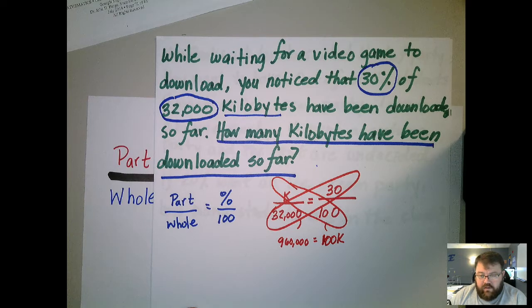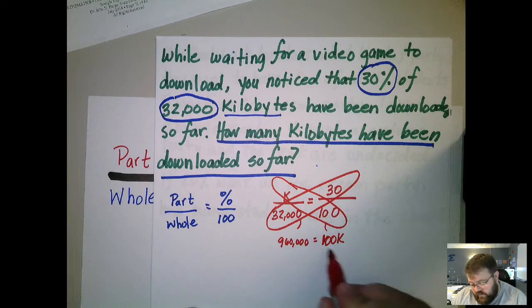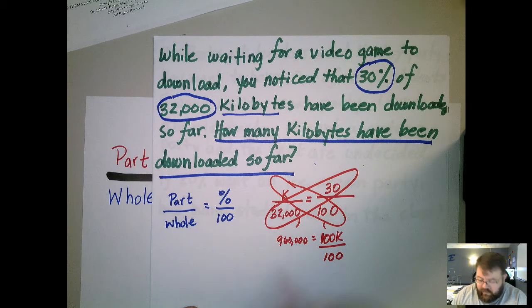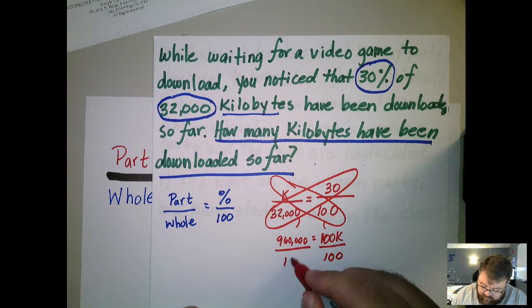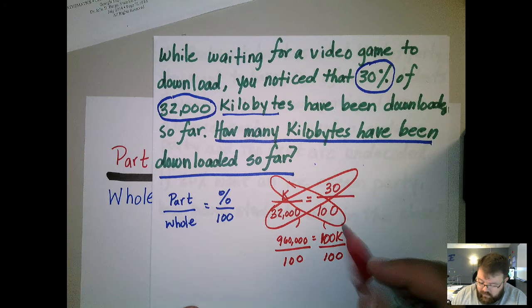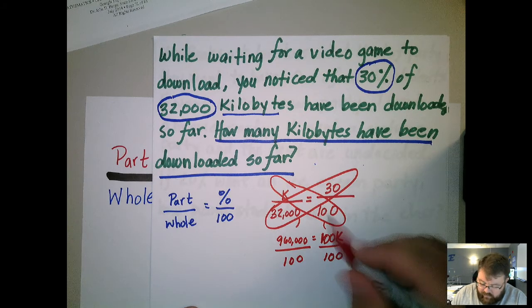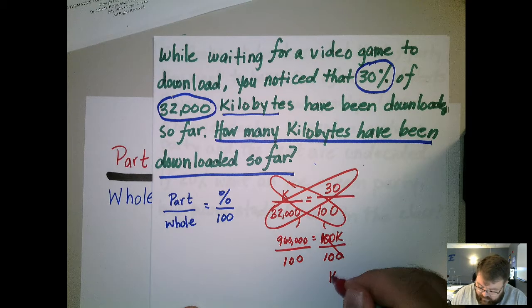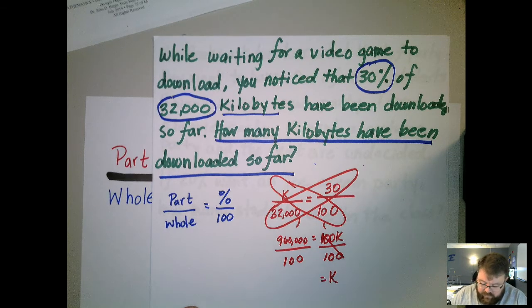Next, what I'm going to do is divide both sides by 100. 100 divided by 100 is K. And then 960,000 divided by 100 is 9,600. All right.